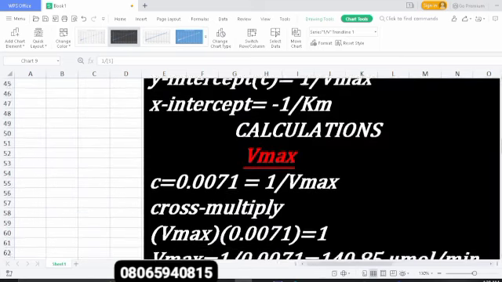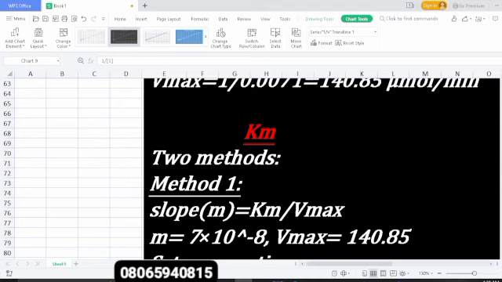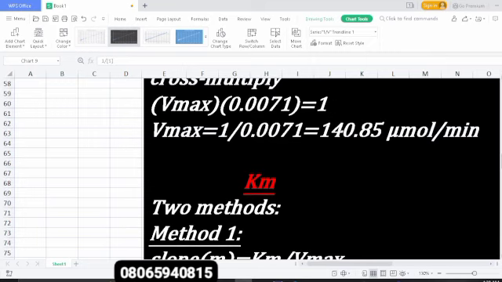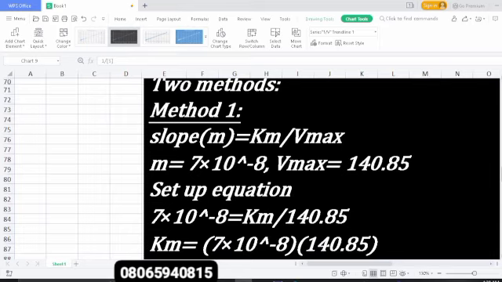So come back here. You have your slope equals Km over Vmax, but the slope itself, that m, is equal to 7 times 10 to the power of negative 8, and your Vmax, we just calculated it to be 140.85. Now we set up our equation. Since the slope is equal to Km over Vmax, we input the known value.